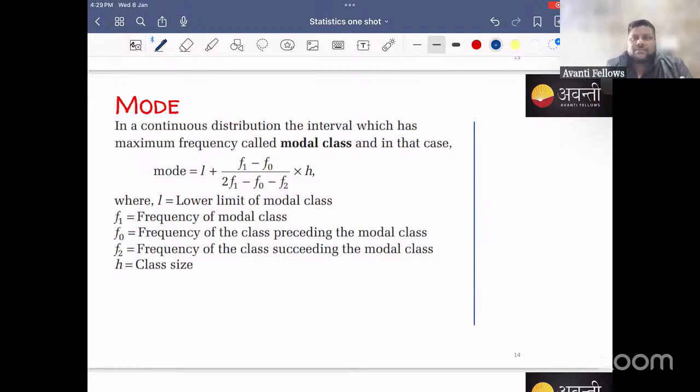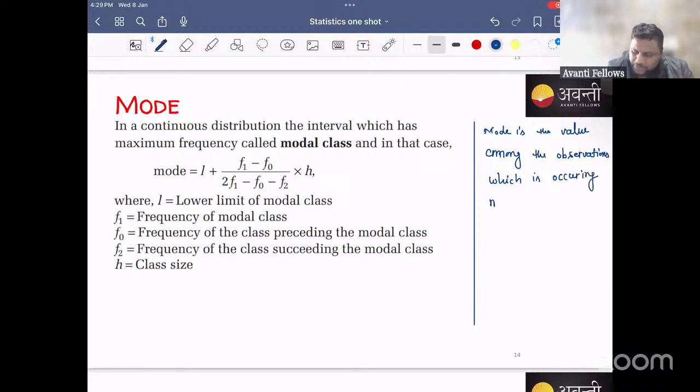The mode is the value among the observations which occurs most often. Mode is the value among the observations which is occurring maximum number of times.